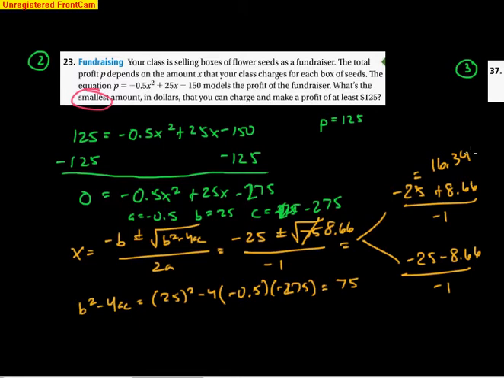And the bottom one comes out to be negative 25 minus 8.66 divided by negative 1 equals 33.66. And the question is, what is the smallest amount they can charge? That would be the smaller number, $16.34. Okay. And there you go. So that's a quadratic formula practice problem.